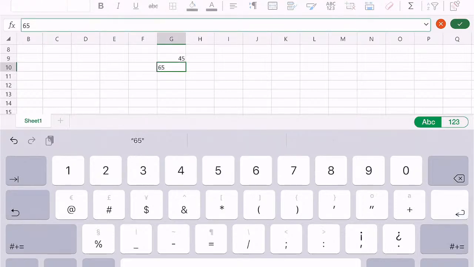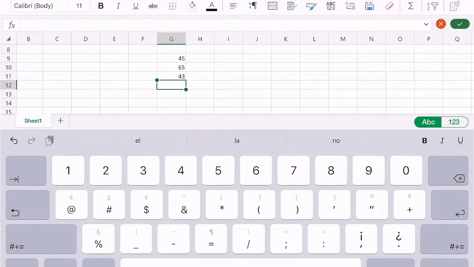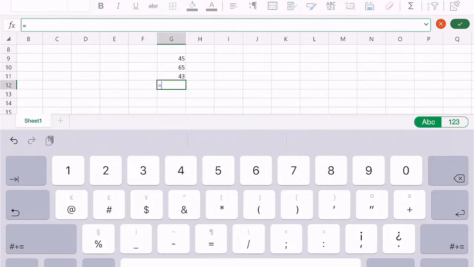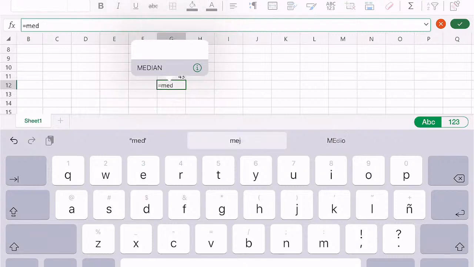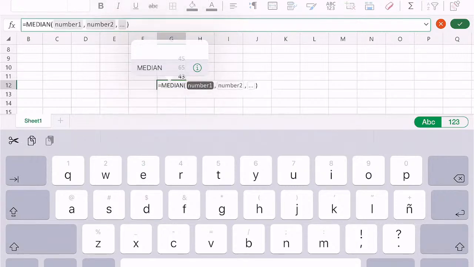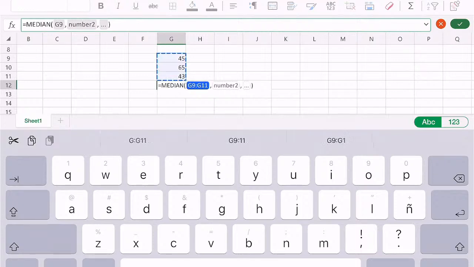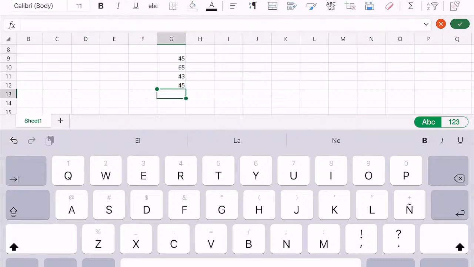I'm just going to make up some numbers. So I would have to say to Excel equals, and then say median, select it, and then it tells me to enter the value, so I can just highlight these values and it calculates the median for me. So that's the median.